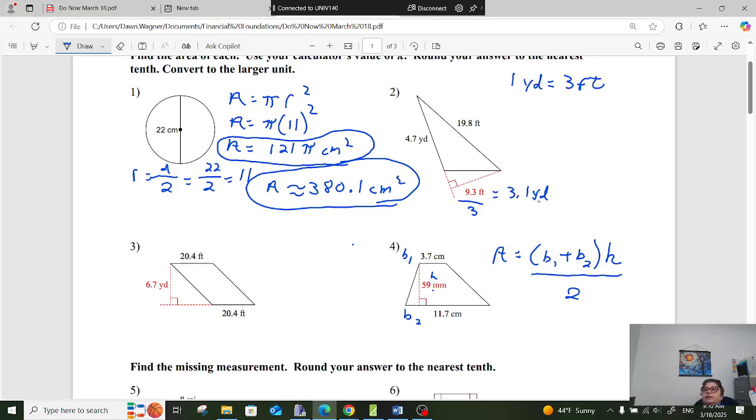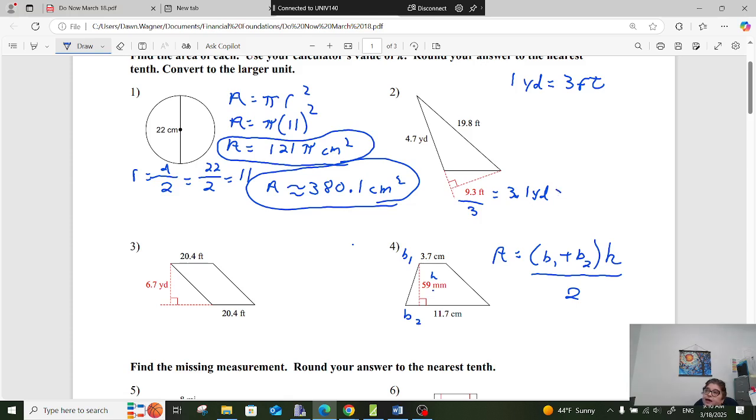Remember, when you're calculating area, you always want to do your conversions first. It just makes your life easier. So this is 3.1 yards. Where the 90-degree angle is always your height and base. Remember us talking about this? This is an obtuse triangle, so the height's on the outside.